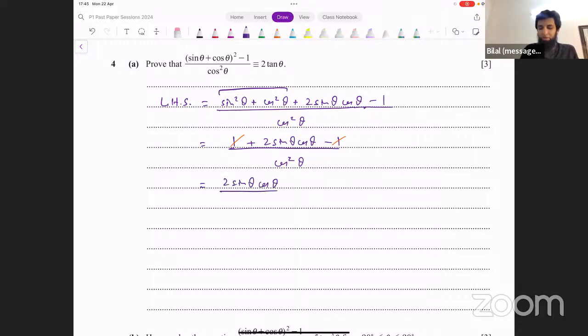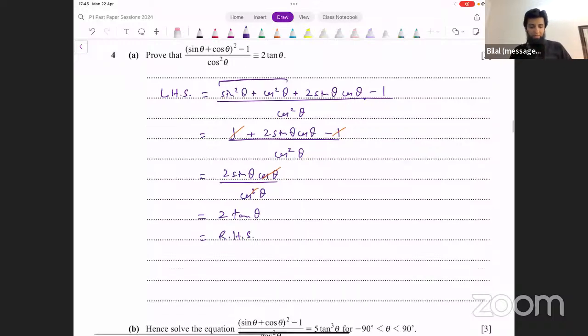Now it's only one term in the numerator, so we can do some cancellation. Cos gets cancelled with 1 power of cos in the denominator. We're just left with 2 sine theta over cos theta, which is tan theta. We've got 2 tan theta, and that's what we wanted to prove. This is the same thing as the right-hand side. And that's the identity proof.